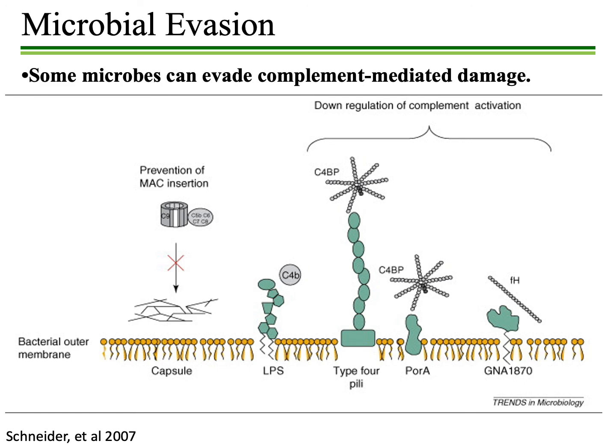And then the last example that I want to give you is the one right in the middle of this slide, where you have this sort of star-like looking structure known as C4BP. Now, it turns out that this particular component is found in association with different types of microbial pathogens, and this component is what's known as a molecular mimic.